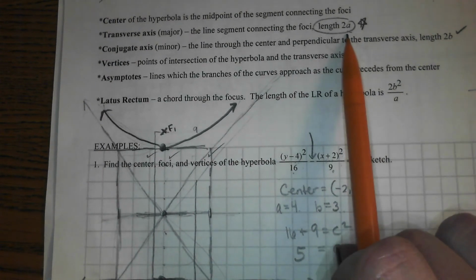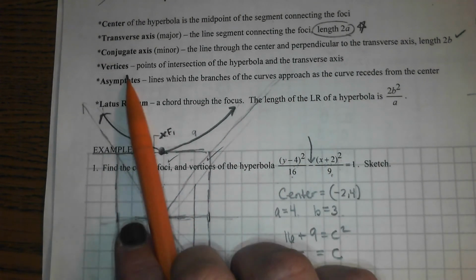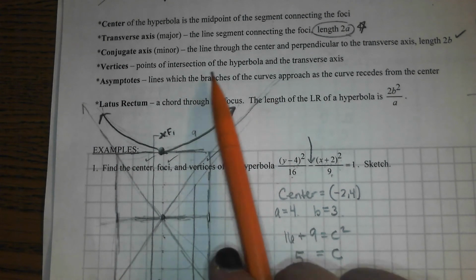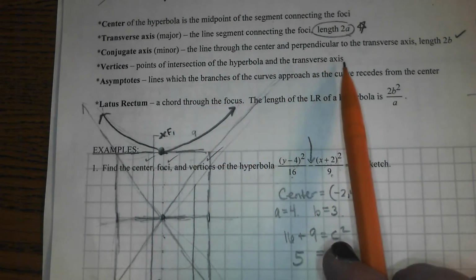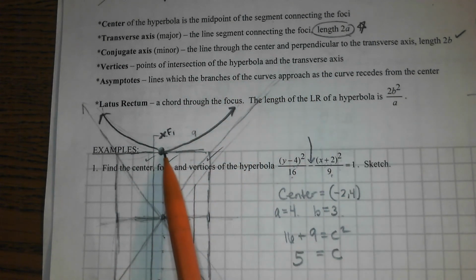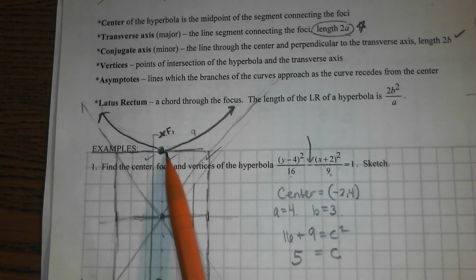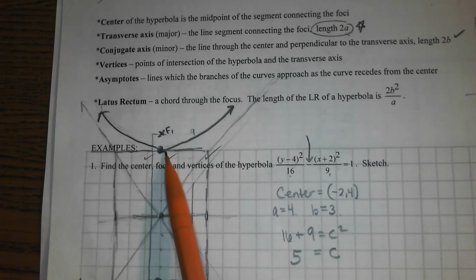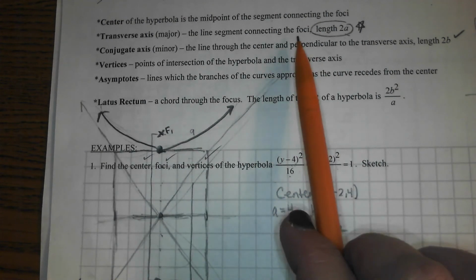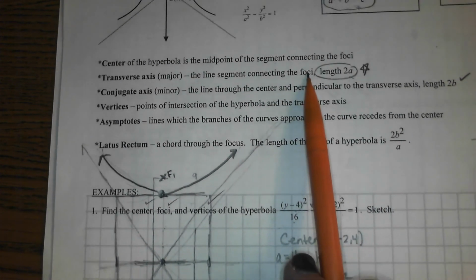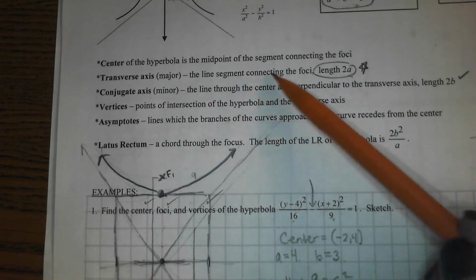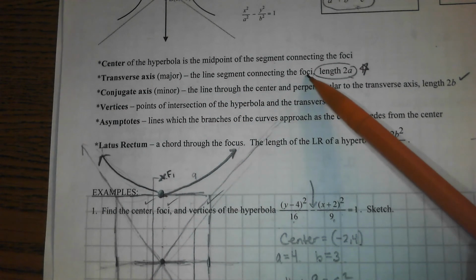Still going to check on whether or not that's a typo. Vertices we've got. Point of intersection of the hyperbola and the transverse axis. You know what? I think that's the typo. I think it's the line segment containing the vertices, not the line segment containing the foci.